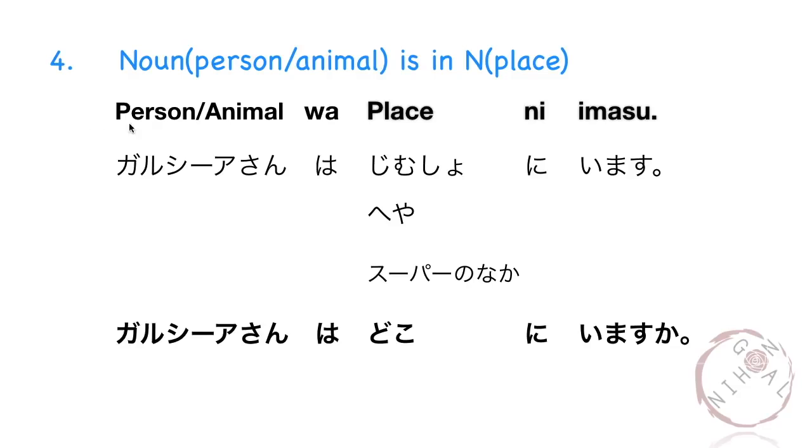So we have our noun は place にいます。For example, ガルシアさんは事務所にいます。ガルシアさんは部屋にいます。Or スーパーの中にいます。And to ask the question, 誰々さんはどこにいますか? Or ガルシアさんはどこにいますか?